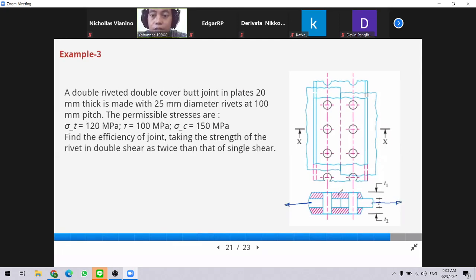This is just the cover, to transfer the load from this plate to the second plate. And now we have the data, the permissible strength of each material for plate and rivet. And now we want to find the efficiency of the joint.